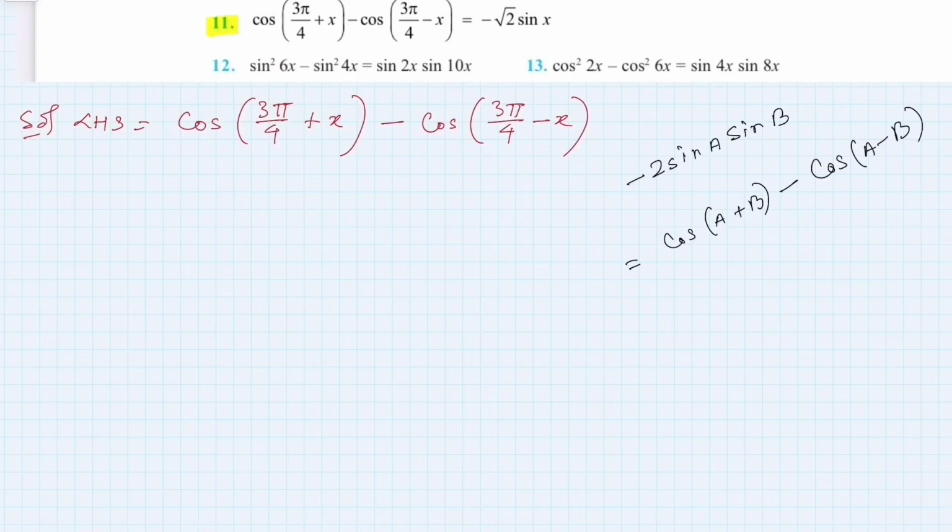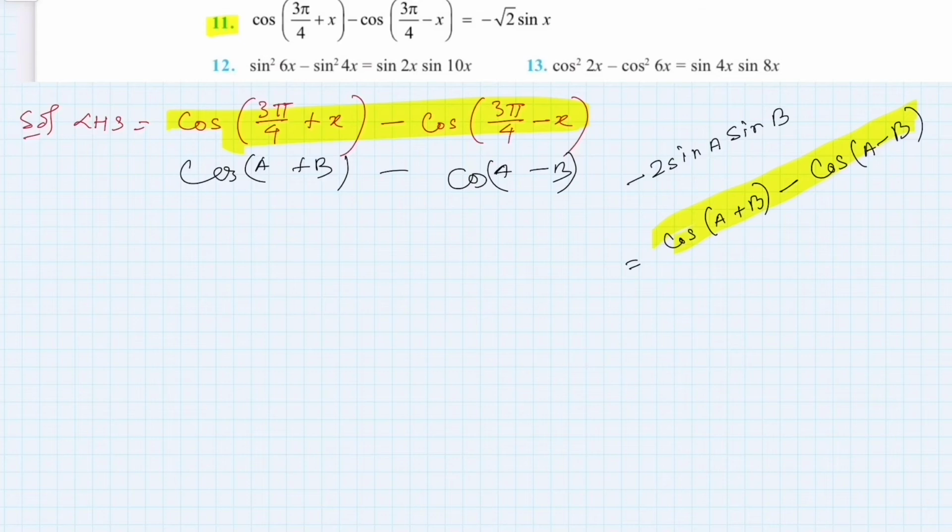So here we are going to use this formula. Okay, so how to use this formula? If you compare this result with this part, you can consider this one as a plus b and this as a minus b. This is cos of a plus b, this is cos of a minus b.